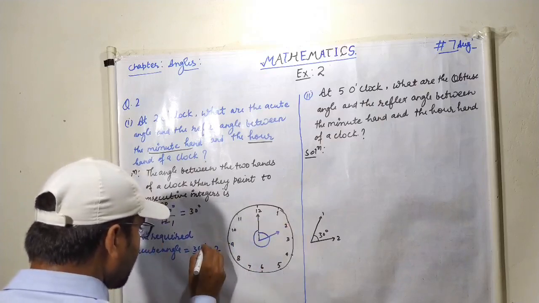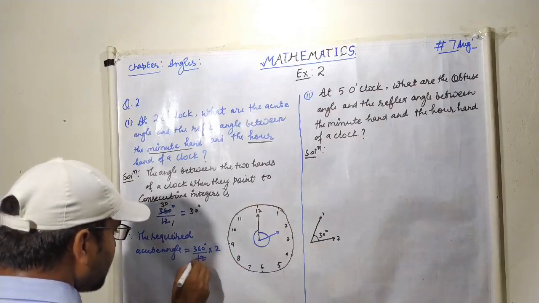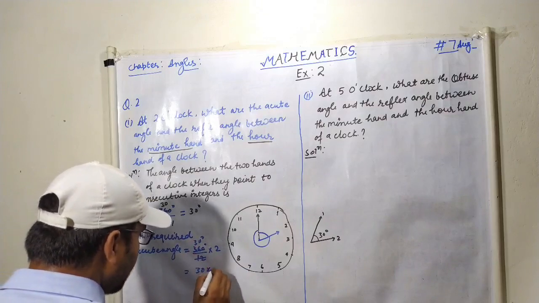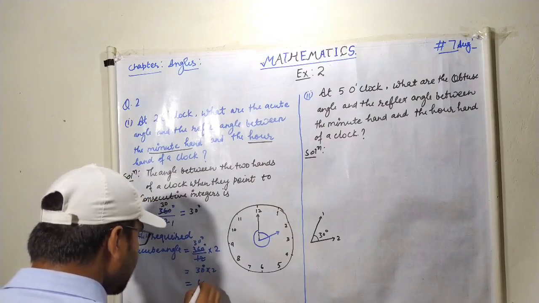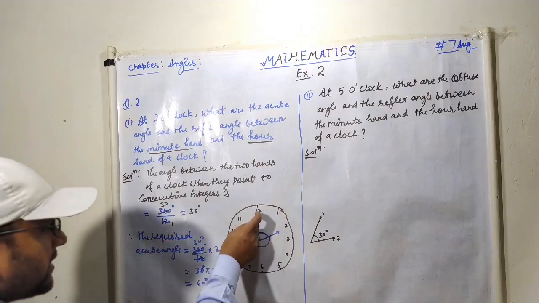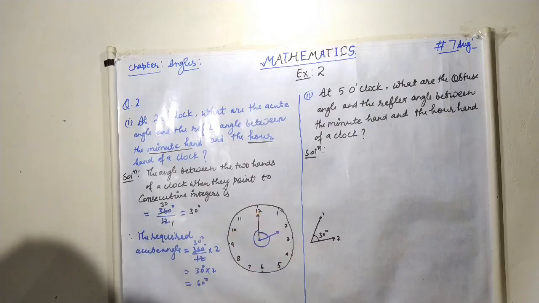Okay, 360 degree upon 12 is 30 degree, multiplied by 2, you will get 60 degree. That is your required acute angle. The angle between the minute hand and the hour hand is 60 degree.